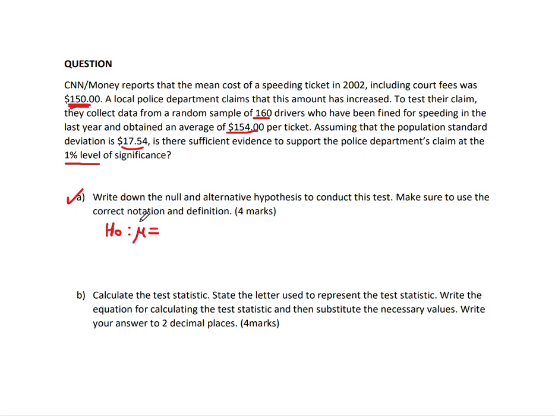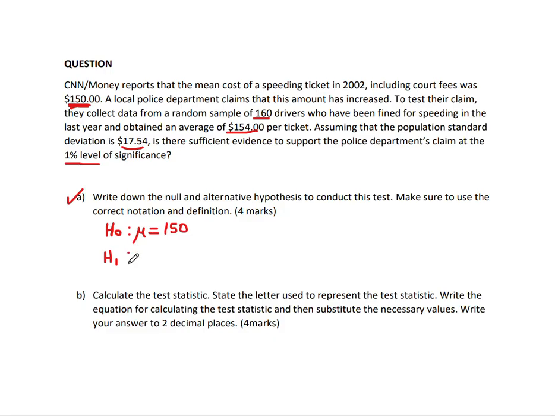The null hypothesis is always the default mean that is being challenged for tests of means, or the old and established data that is being challenged. And in this case, that is that court fees were $150. So we say mu equals 150 for the null hypothesis.